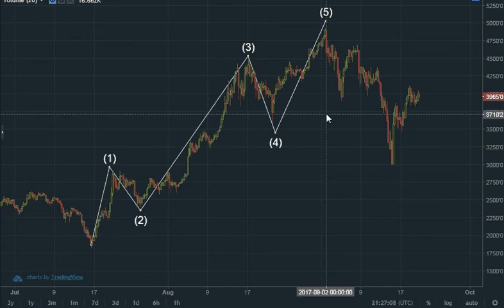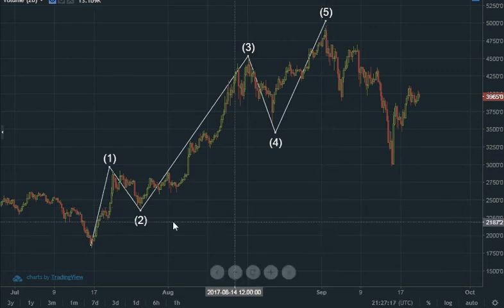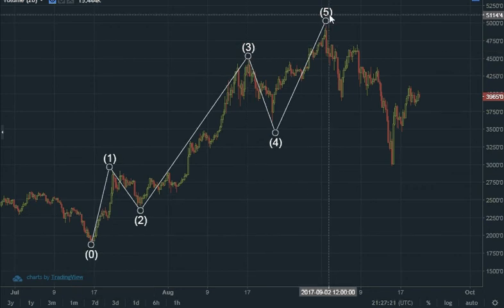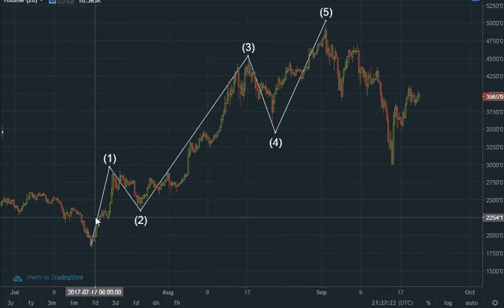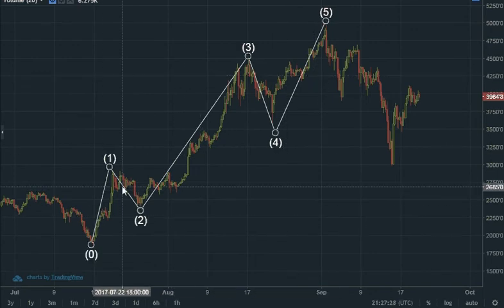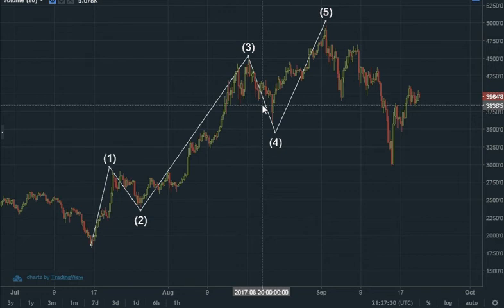But I'm not going to rely on that very heavily right now because I think cryptos are not the same as stocks. I think cryptos have their own version of Fibonacci-related interrelationship between the motive-like waves 1, 3, and 5, and the retracement corrective waves 2 and 4.